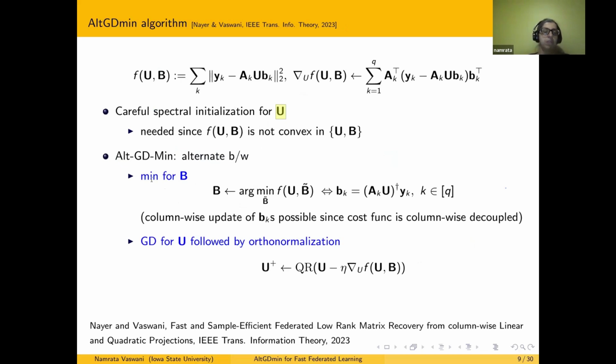Then I will alternate between minimization for B, which becomes cheap. bk, remember, is an R cross 1 vector, R is small, B is R cross Q. So this looks like an expensive problem, but when you decouple it, it's cheap and closed form because it's a least squares problem. And then for U, all you do is a gradient step followed by QR decomposition, which ensures this norm balancing property. So this is basically the algorithm.